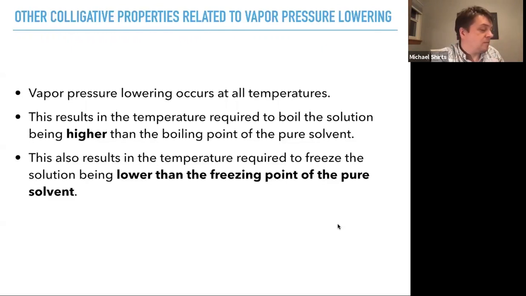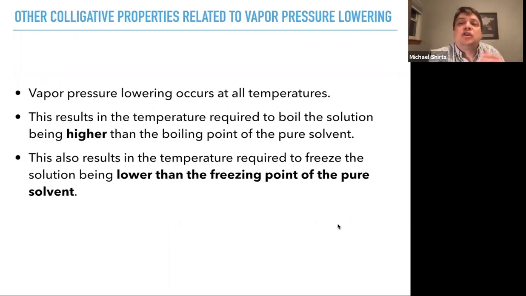of a pure solvent. It turns out that, for the same sorts of reasons, the temperature required to freeze the solution is lower than the freezing point of the pure solvent. By basically the same dynamic equilibrium arguments, you have an equilibrium between molecules leaving the solution to crystallize onto your solid, and the solid going back into solution.